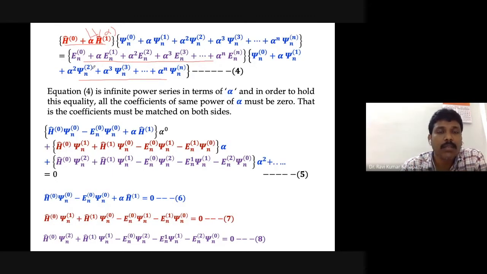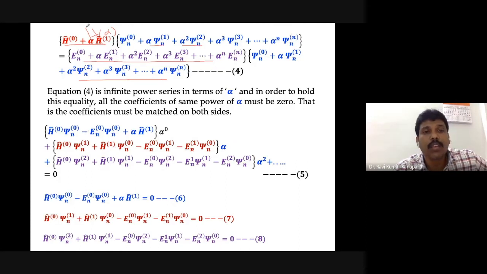Similarly, take the terms where alpha is there, followed by the terms where alpha square is there, combine them and make them equal, because this is needed to satisfy the equality.